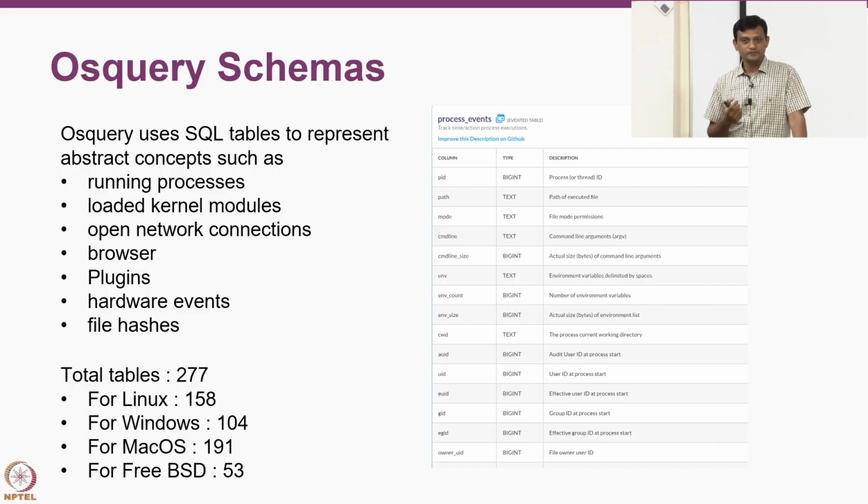Whatever changes happen in your operating system get logged in your tables, and you can query whichever portion you want. This has support for Linux, Windows, Mac OS, and FreeBSD, and for each of them they have put it in tables. Those who are interested can look into that.